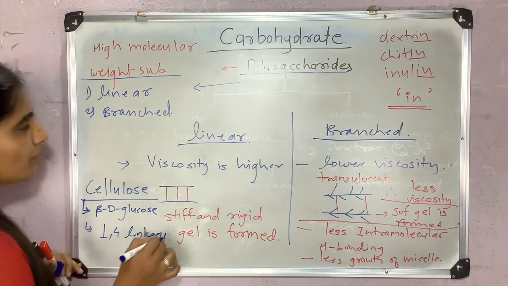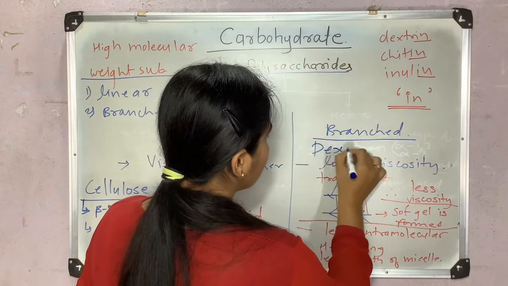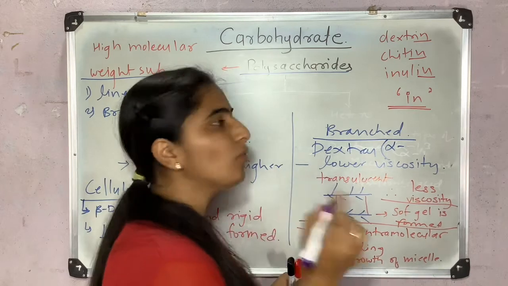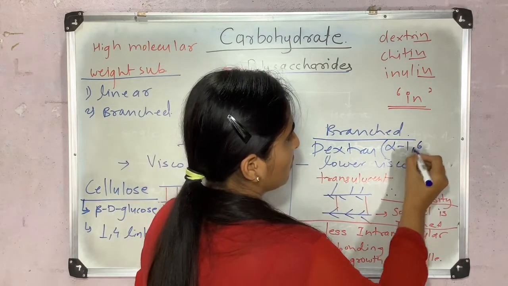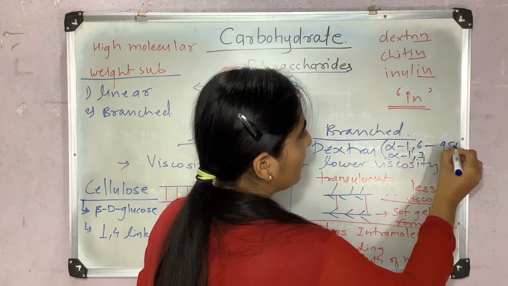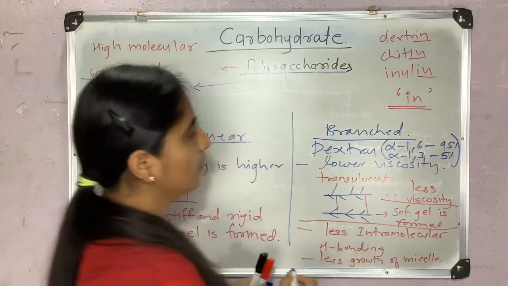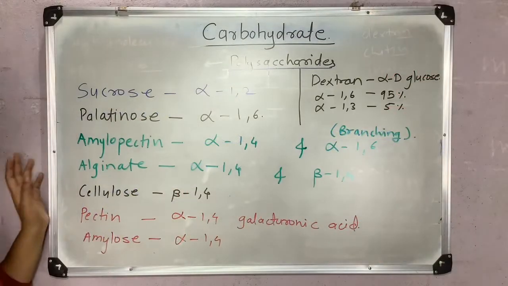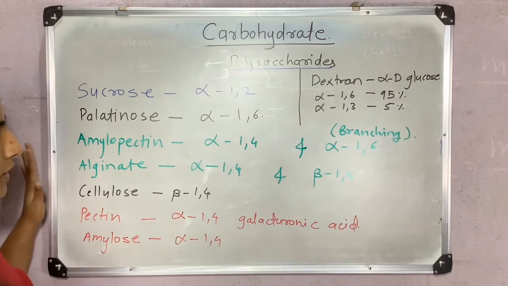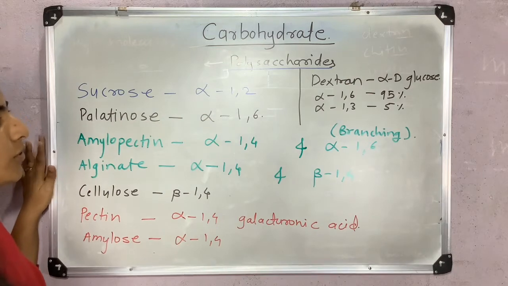And example of branched polysaccharide is dextran, which has both alpha 1,3 and alpha 1,6 linkage. It is 95% and 5%. See, these are some examples of polysaccharides with their linkages. Remember these examples, these are very important from exam point of view.